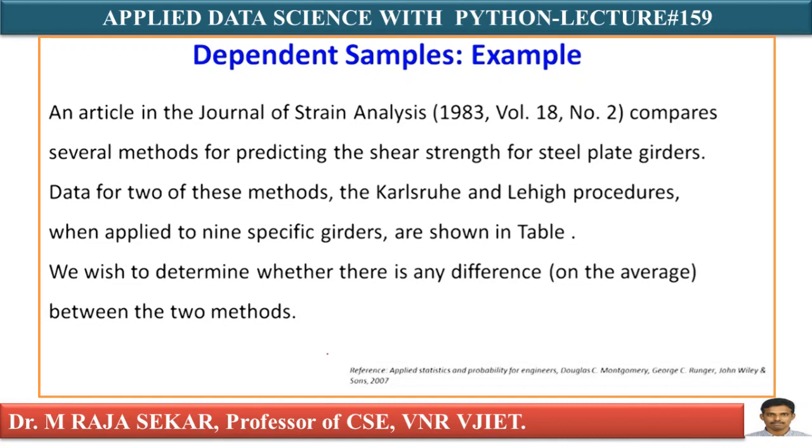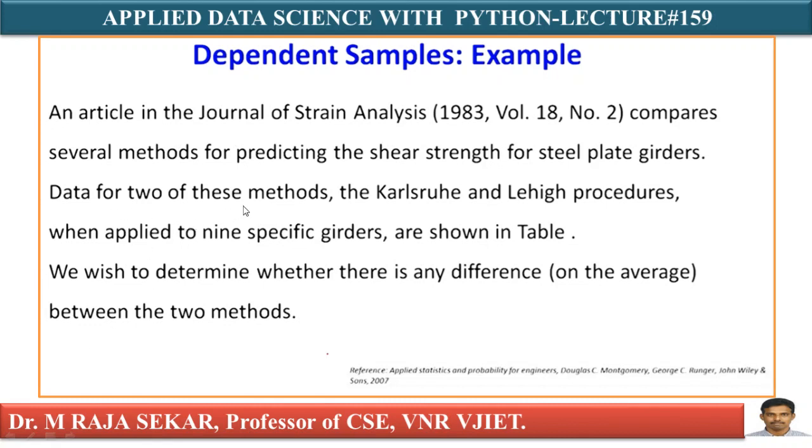We will take an example for dependent samples and try to understand it with a simple example. Just see this example problem. An article in the Journal of Strain Analysis compares several methods for predicting the shear strength for steel plate girders.